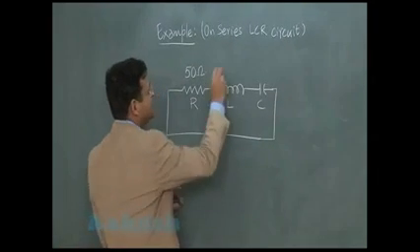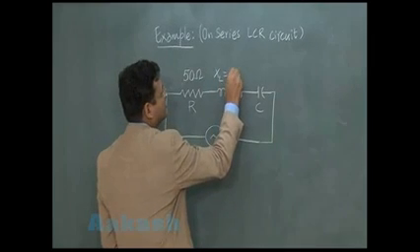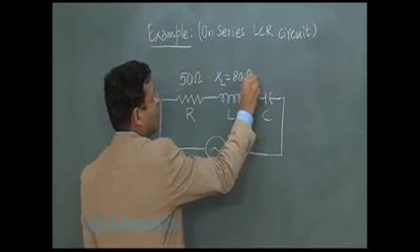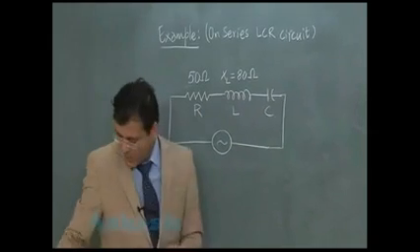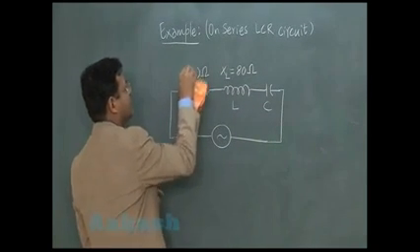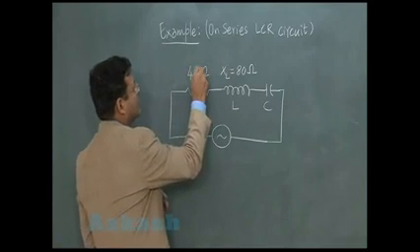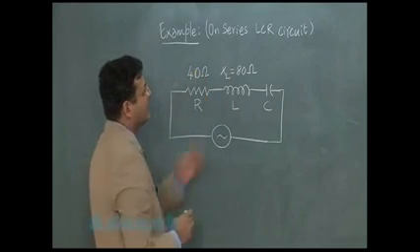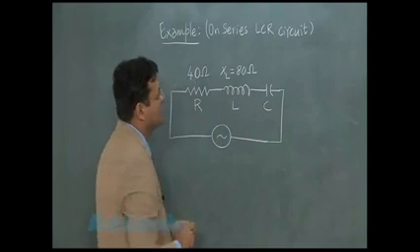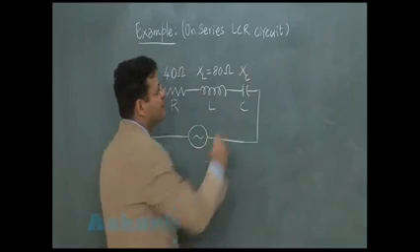You understand? Reactance is given as, say, 80 ohm. Or for the sake of convenience, you take a convenient value of 40 ohm for resistor and reactance value as 80 ohm and capacitor's reactance as 50 ohm.